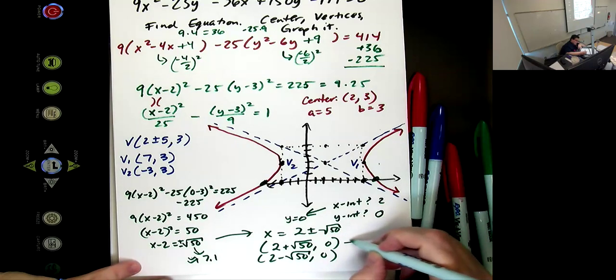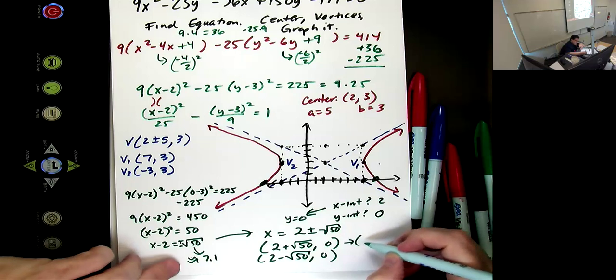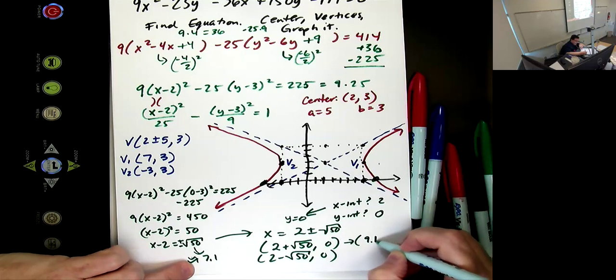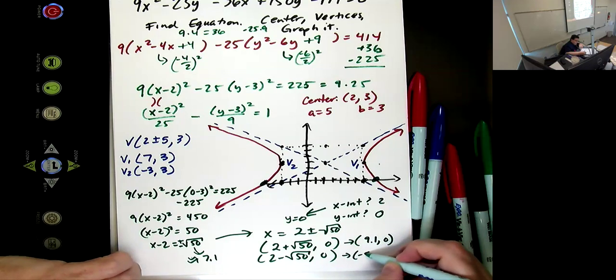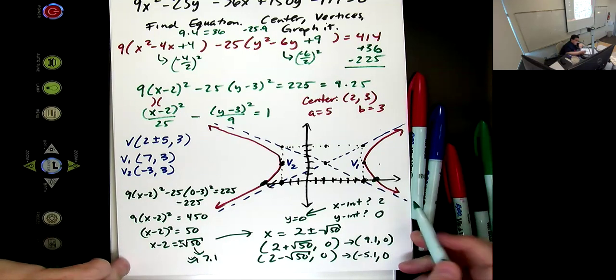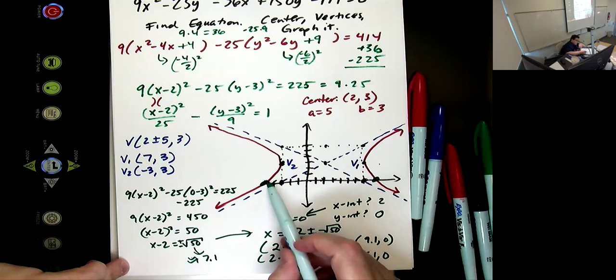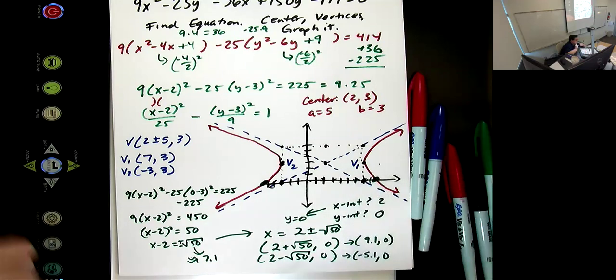If I wanted an approximation, 2 plus that would be about 9.1, comma 0, and 2 minus it would be about negative 5.1, comma 0. And if I had drawn my hashtags and my hyperbola a little bit better, we would have gotten that.